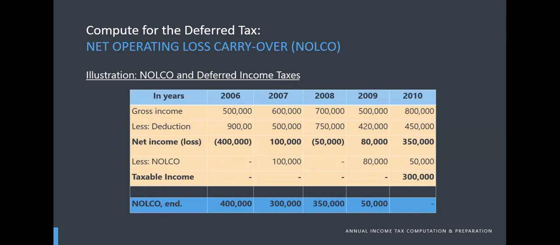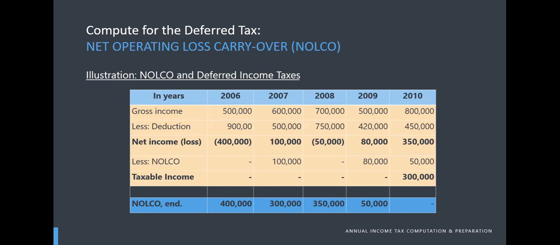So in 2006, this is the initial NOLCO. So we have a NOLCO balance of 400,000.